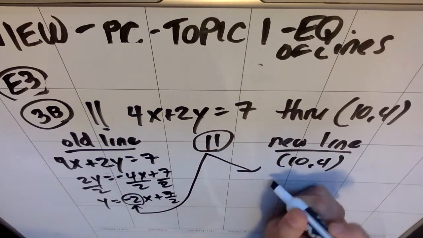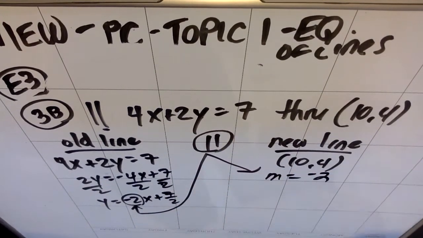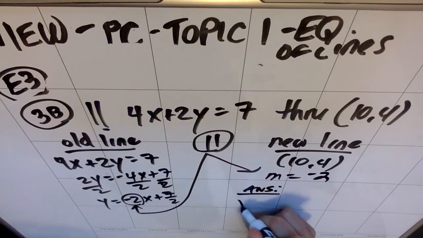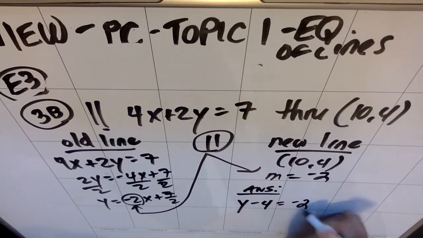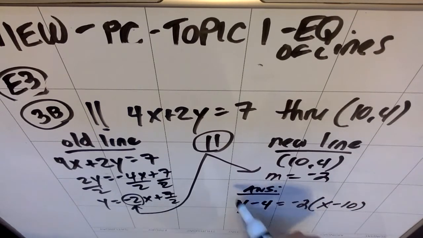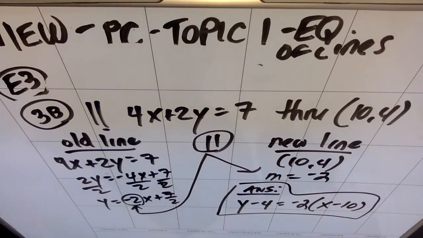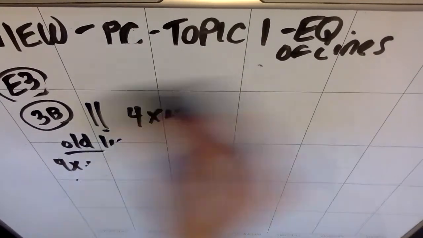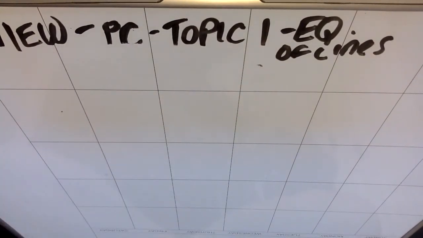Parallel means same slope, so this line also must have a slope of -2. Now that I know a point and a slope, I can write my answer. y minus the y value equals m in parentheses x minus the x value, and that is my parallel line. So example 4, you can imagine, is similar to example 3, except instead of the word parallel, now we're talking about perpendicular. So example 4.